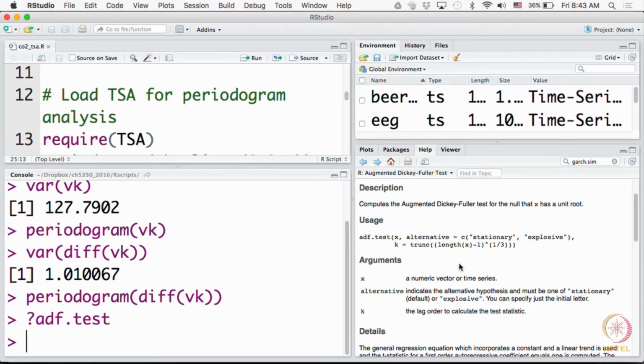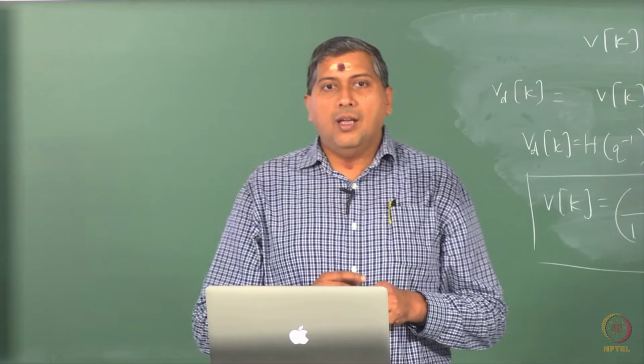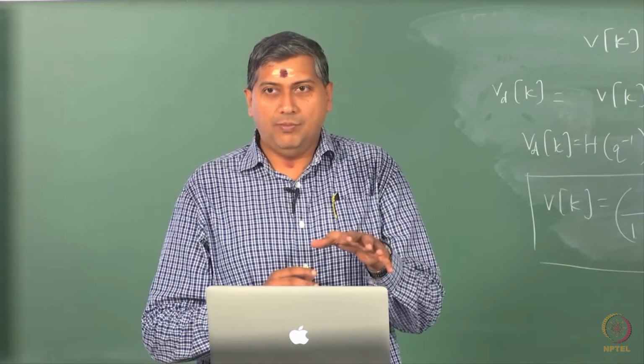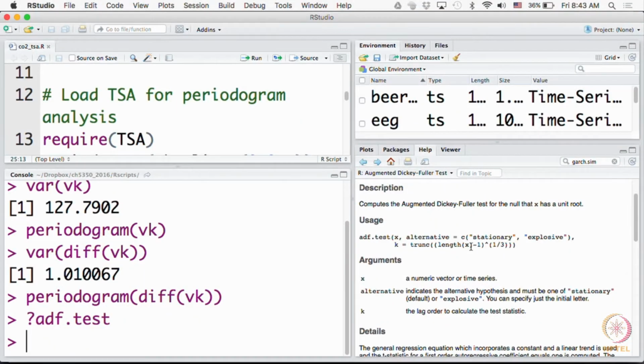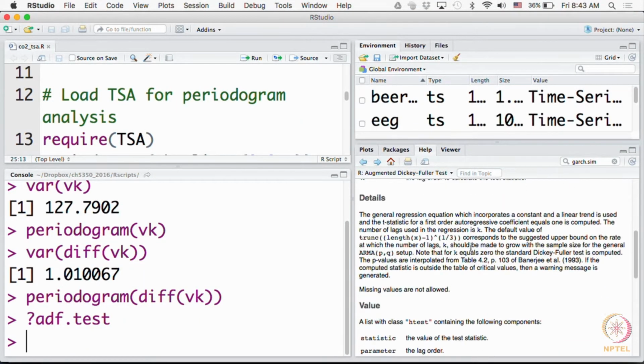Whenever you conduct a hypothesis test, make sure you are clear what the null hypothesis is. It may be counter to what you think. So, here the null hypothesis is that it has a unit root, and going by the p value, you can set the significance level. For example, here probably the significance level is set to 0.05, but it does not worry about the significance level. It says I will give you the p value, you set your significance level.